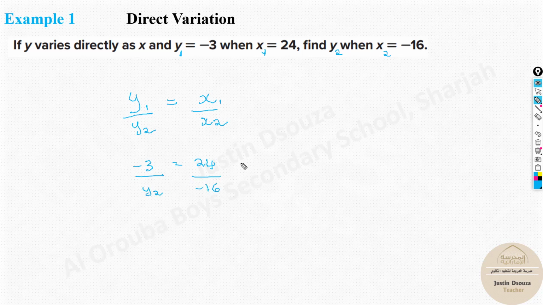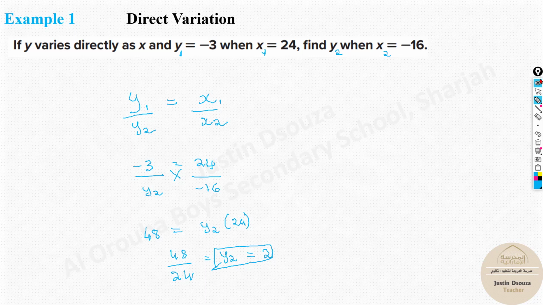Now you can simplify this by cross multiplication or directly in a calculator. 16 times 3 is 48. It will be positive, minus and minus, equals y2 times 24. So this 24 goes to the other side, it will be 48 divided by 24, equal to y2, which is equal to 2. So this is the answer.